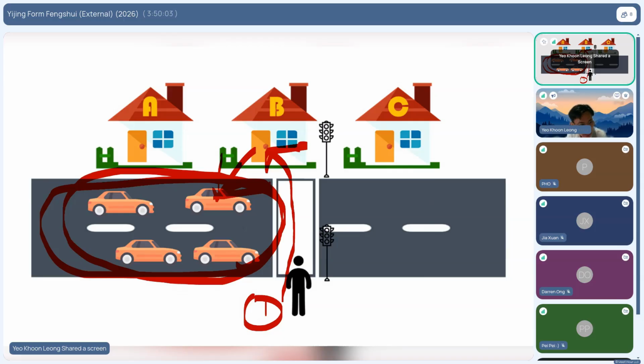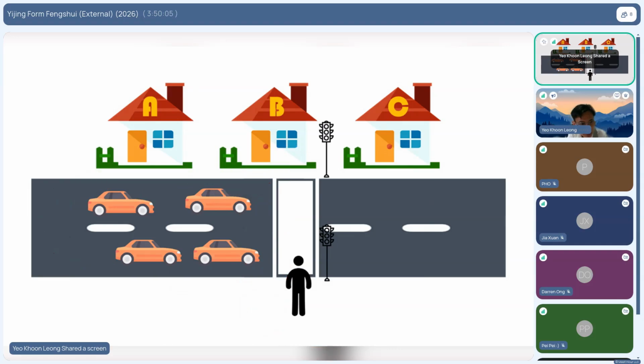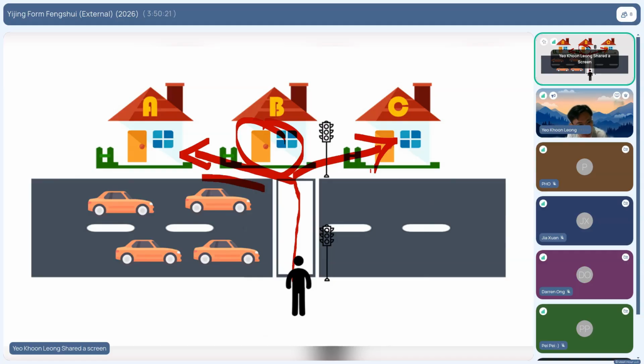Now, what about A? A, if you want to receive from the crossing, you have to wait for B to finish. Then the spillover, some will go to A, some will go to C. Right? But A has an advantage over C because the gathered traffic now, A can also tap.